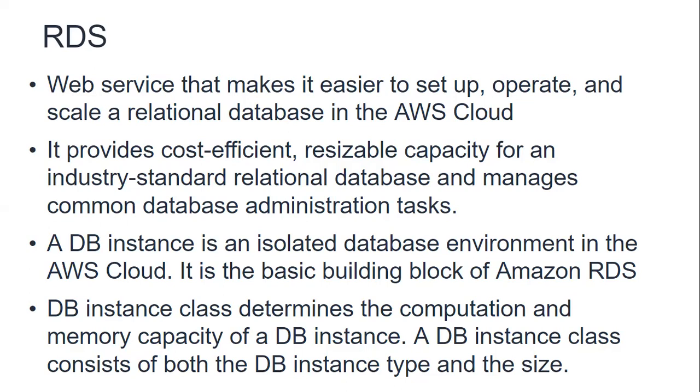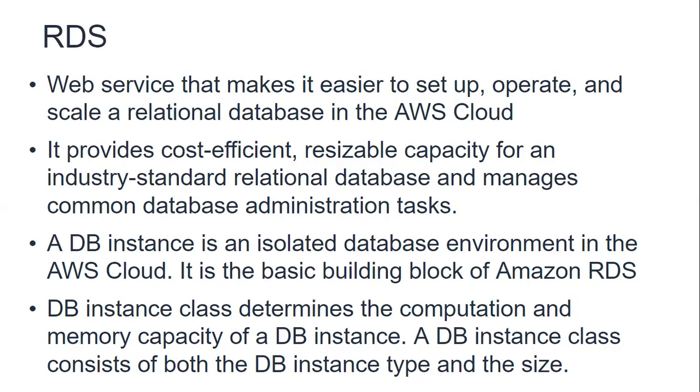So in RDS, you typically have a database instance, which is not an EC2 instance, but the same concept. It's a virtual machine, but purposely for the database. You can't SSH into it, but you can connect to it using your database client.